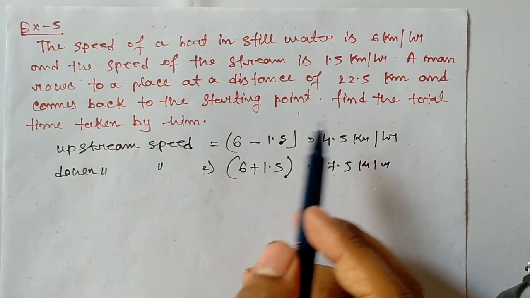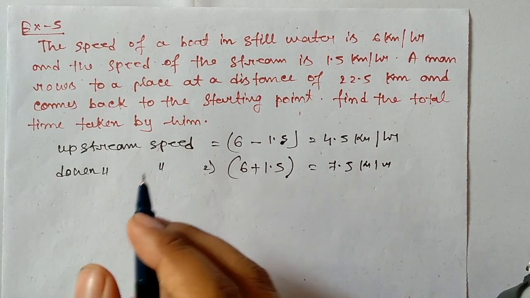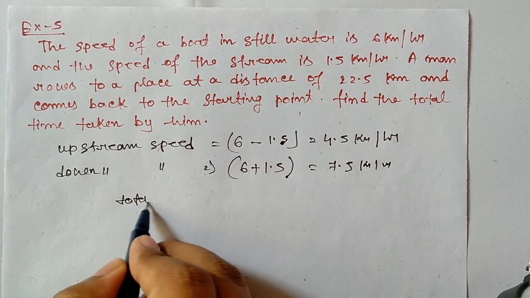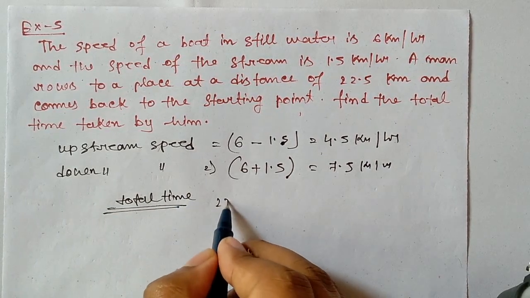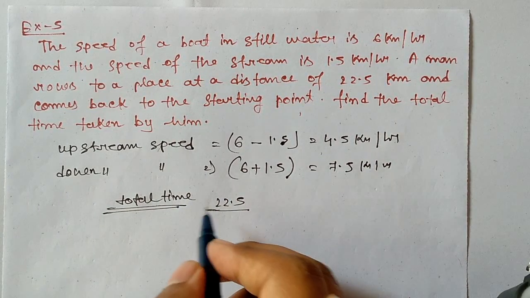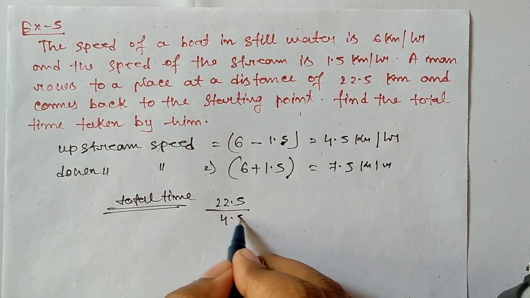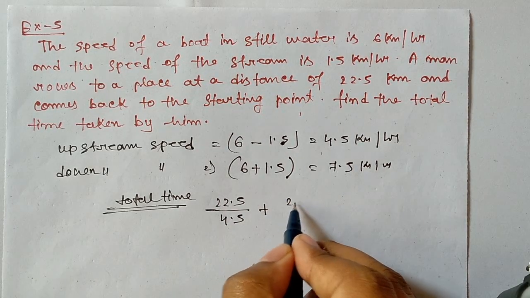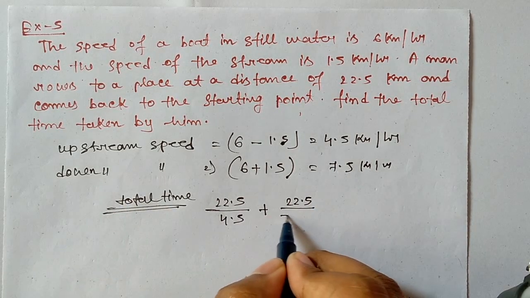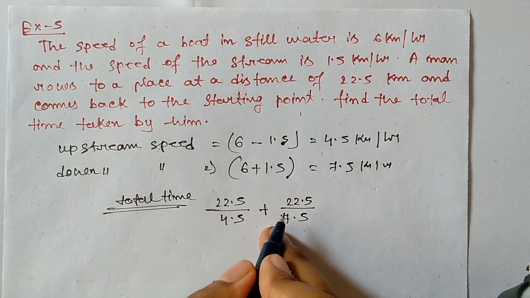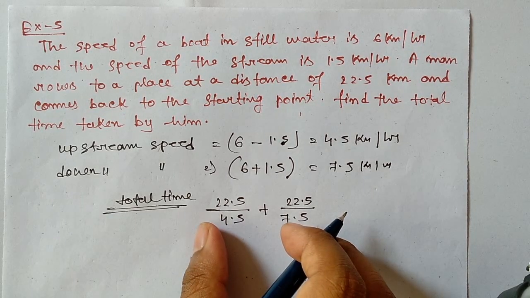So find the total time taken by him. Total time is 22.5 at the upstream speed of 4.5, plus the total distance at the downstream speed of 7.5. This equation gives us the total time.